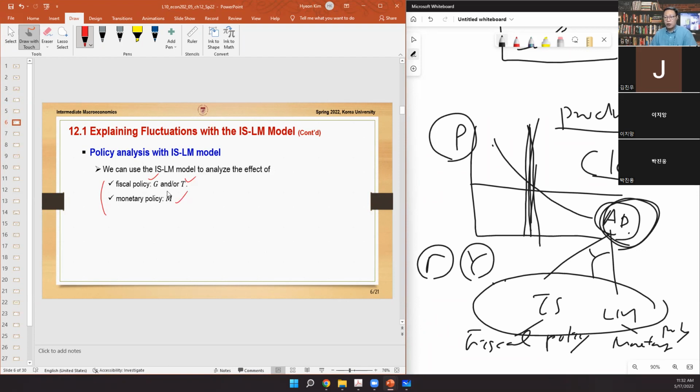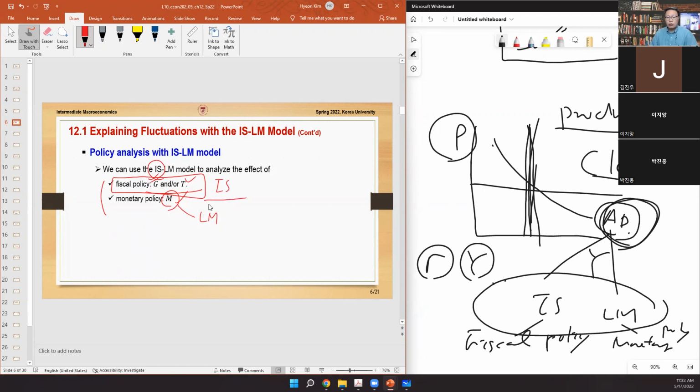Technically, a change in fiscal policy is associated with IS, because they are all components of the IS relation. But a change in money supply is about LM. What about IS? Not relevant, because money supply is not a component of the IS curve.